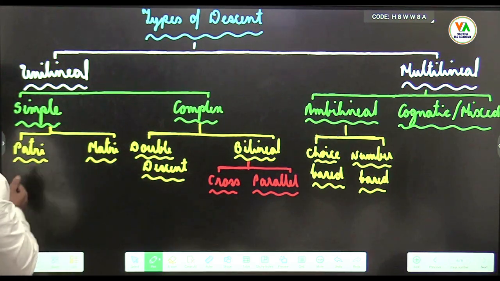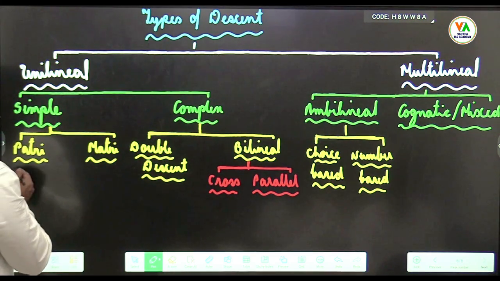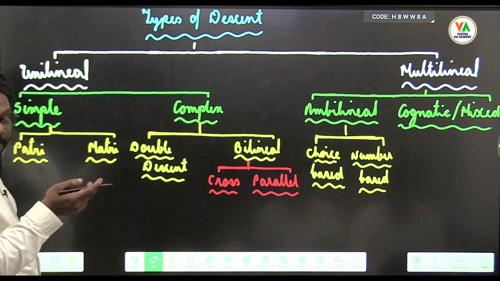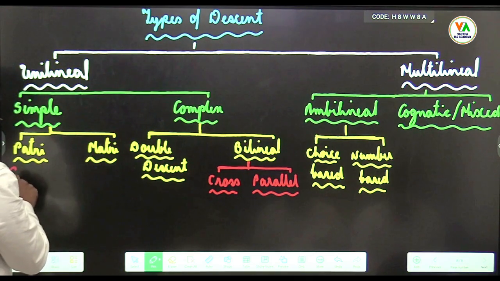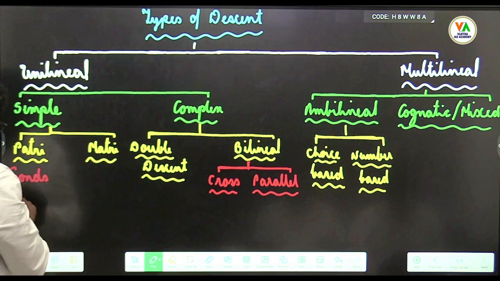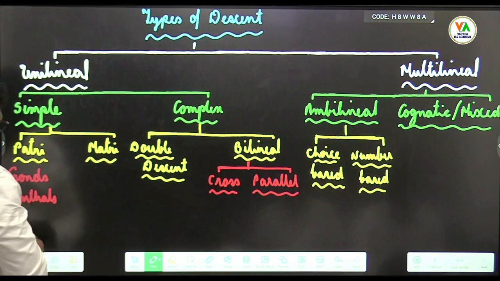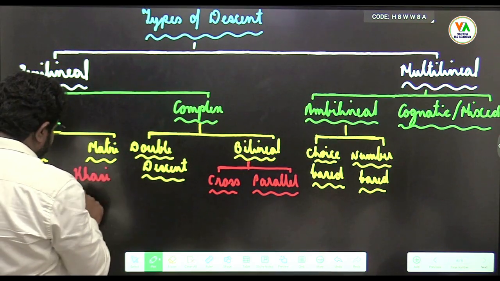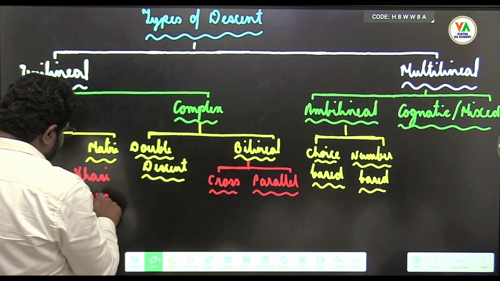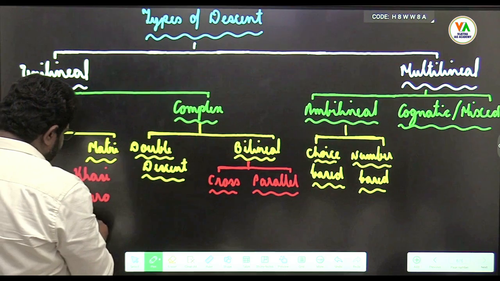So examples of patrilineal, you can write patriarchal or male dominated societies. In tribal societies, you can write Gonds, Santals. Matrilineal, here Khasis, Garo. You can write Nayars also.